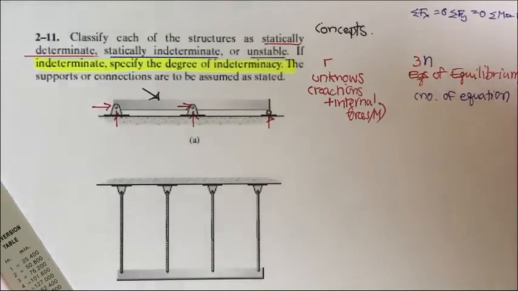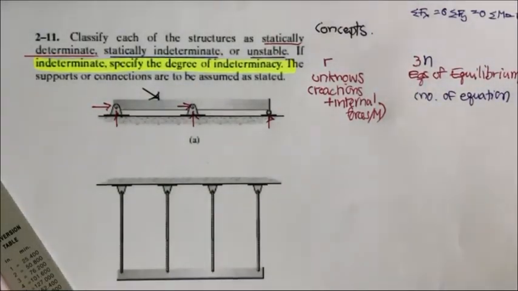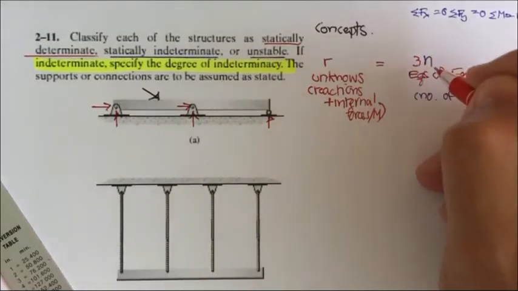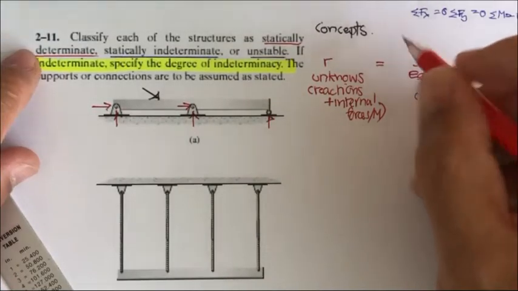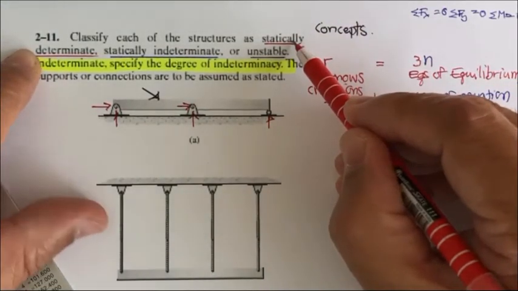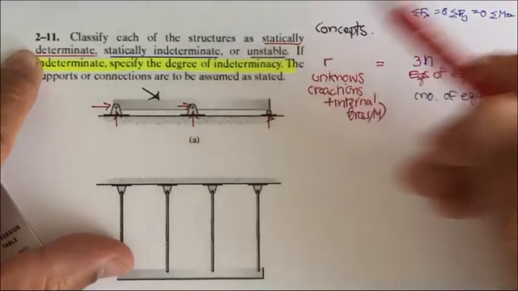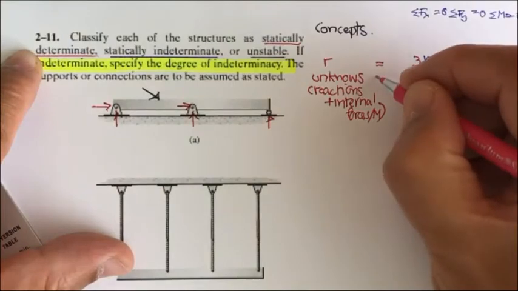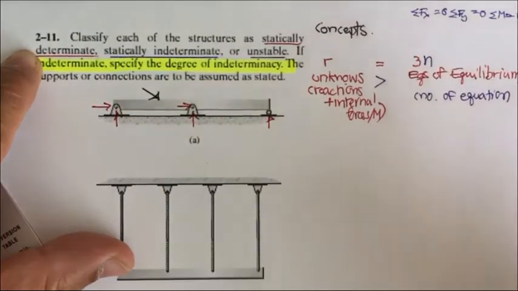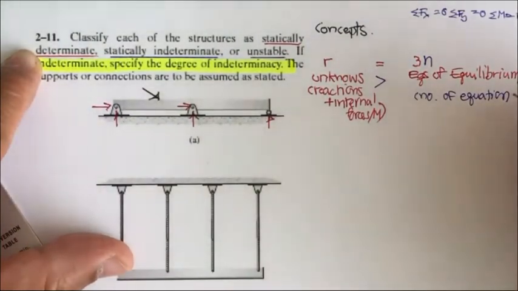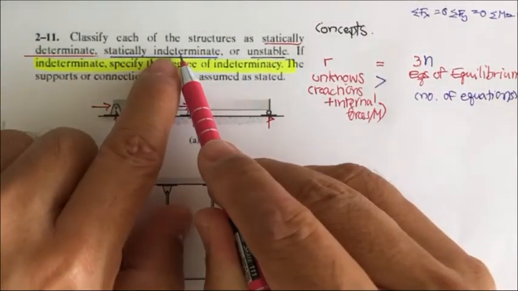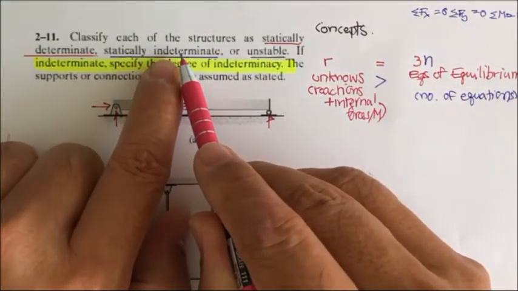Okay, if the structure has R equal to 3n, the structure will be statically determinate. If the structure has R, the unknowns, larger than the number of equations of equilibrium, the structure will be statically indeterminate.